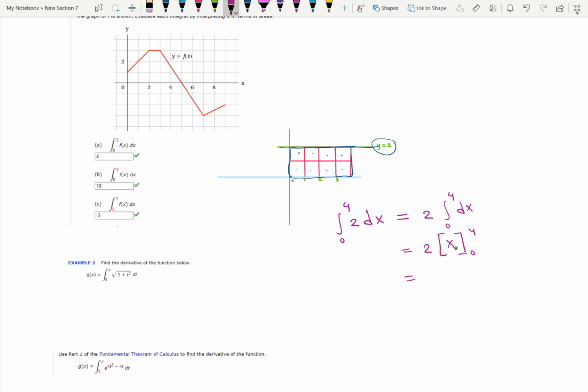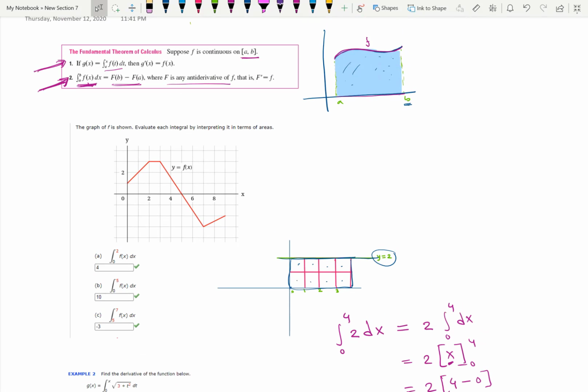So this x is capital F of x. Now we have to plug in F of b, that means 4, minus F of a, that means 0, which is 8.